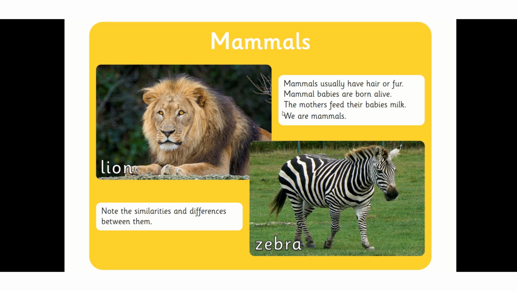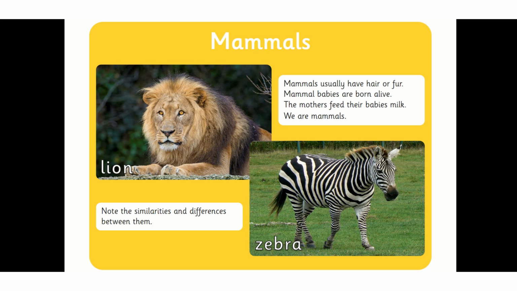Okay, so let's have a think about mammals. Mammals usually have hair or fur. Mammal babies are born alive. That means that when a mammal has babies, the baby isn't an egg that suddenly develops once it's been born.